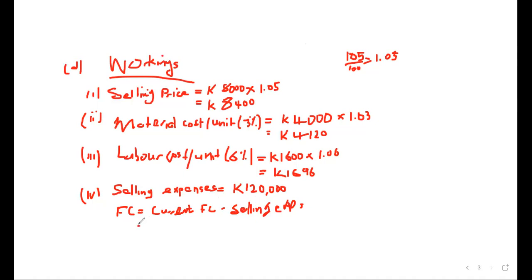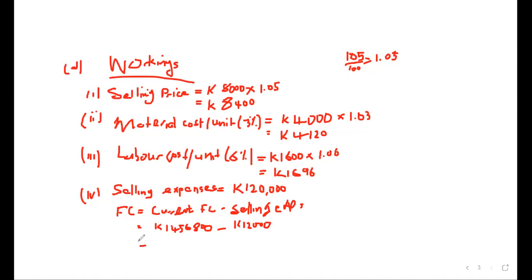So we are removing the selling expenses. Our new fixed cost will be our current fixed cost, which we had already calculated, 1,456,800, less 120,000.